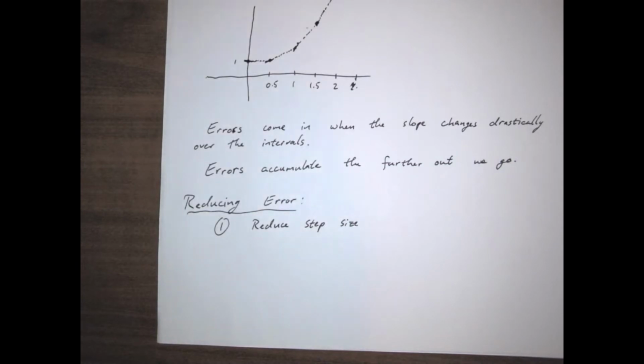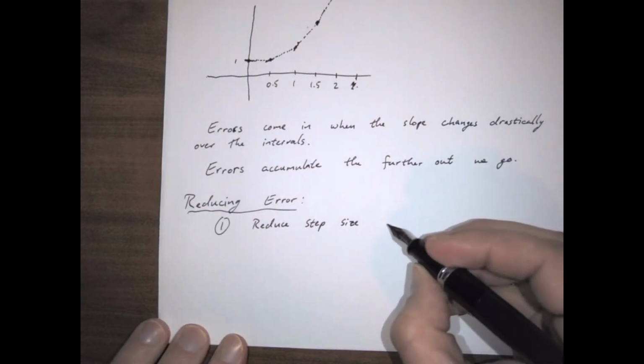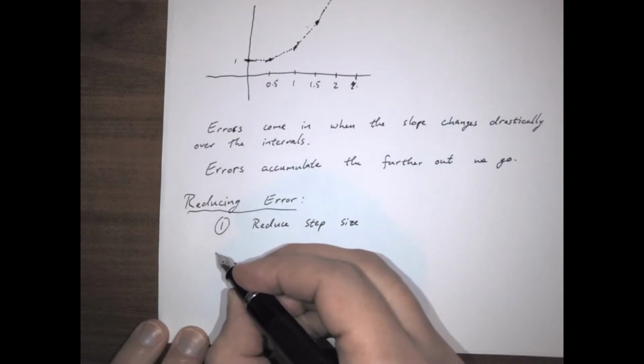The problem though is if your method isn't that great, then you won't get a lot of payoff for this. And this method is very basic. It is just the foundational method, and it's not going to give us very accurate answers in the long run. And so this is okay, but better.